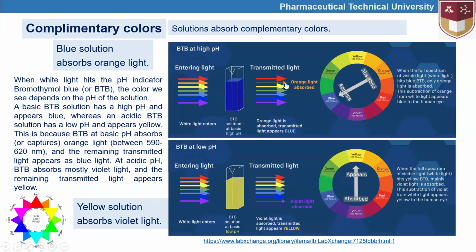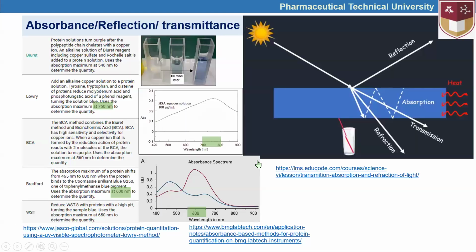As we discussed, blue color absorbs orange color, about 600 nanometers. Blue color, 600 nanometers. Okay, let's take a look at these results. Blue color and 600 nanometers.